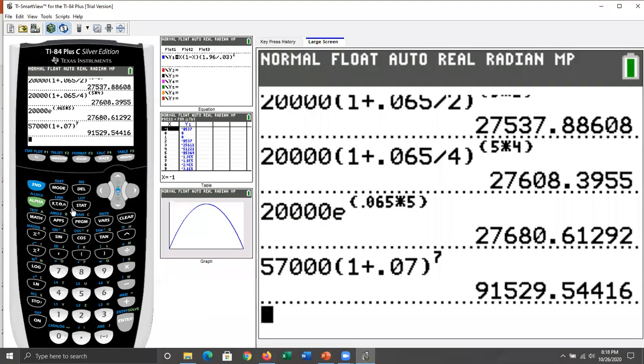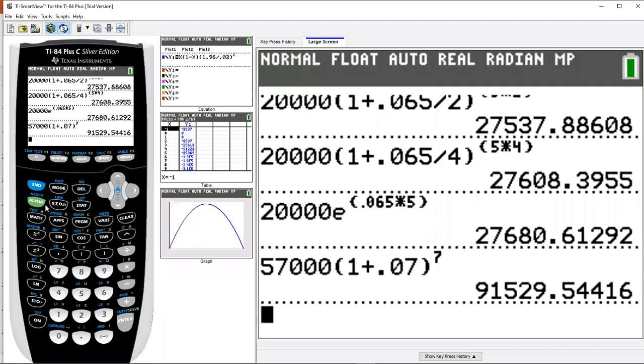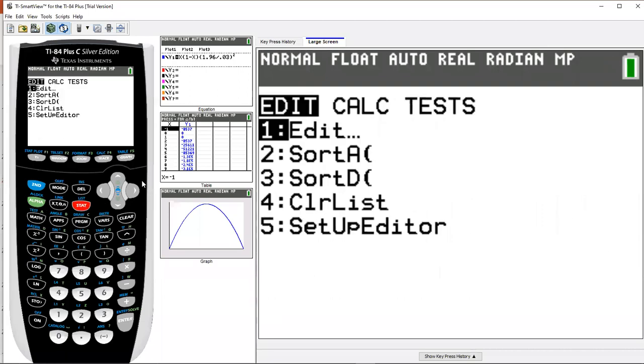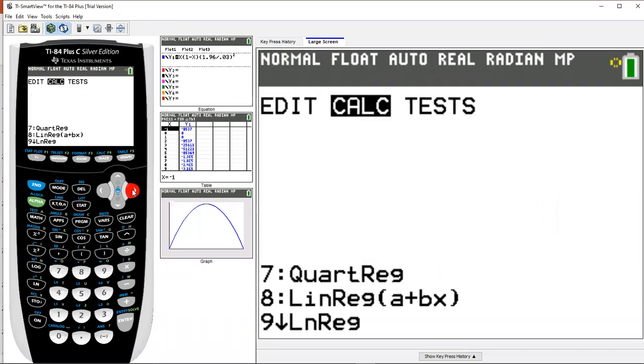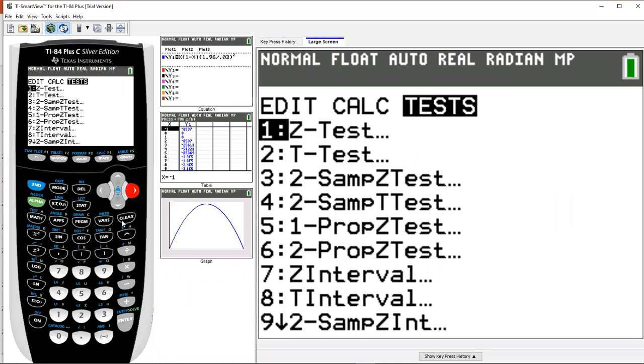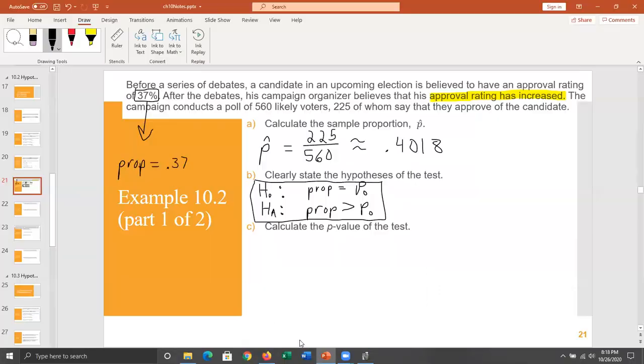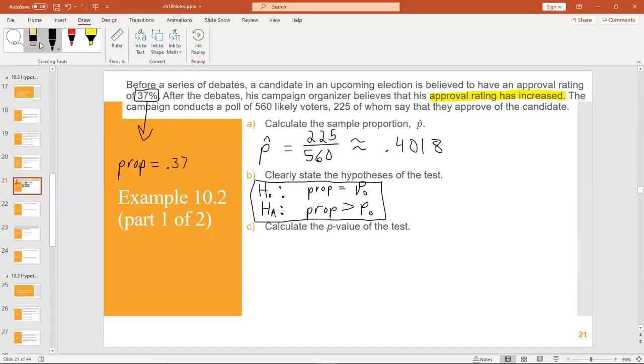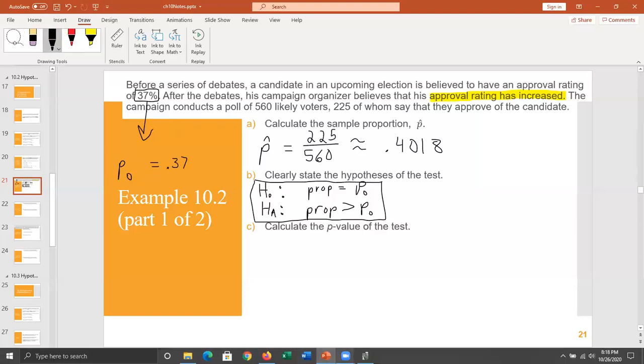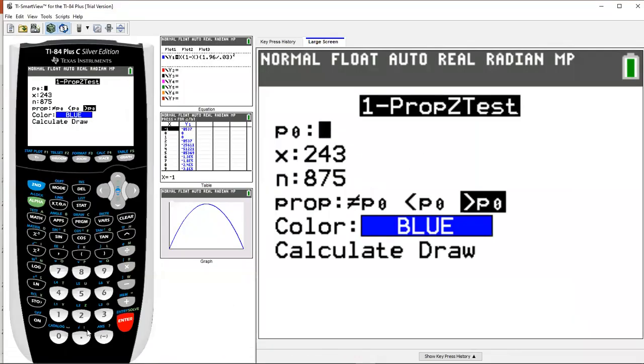So we're going to go to stat, over to tests, and we're going to do the one prop Z test. There it is right there, number 5. What is P0? I misled you all. I said that was prop. That is not prop. That is P0. Sorry. P0, that's 0.37.